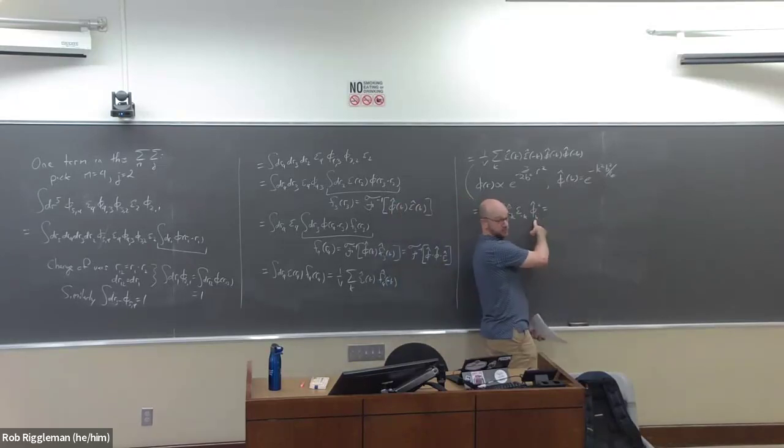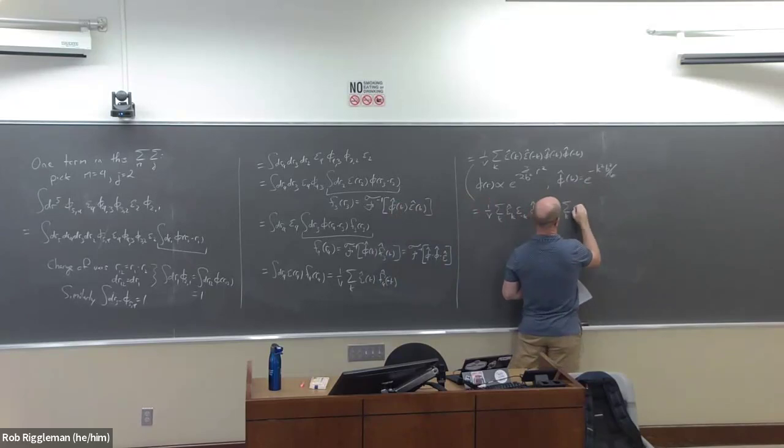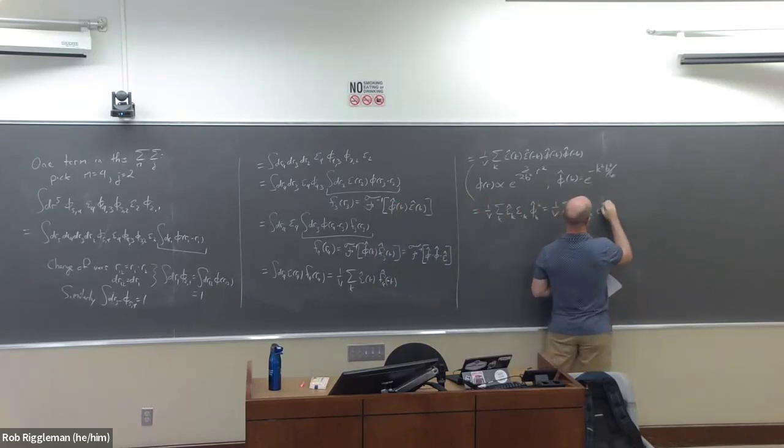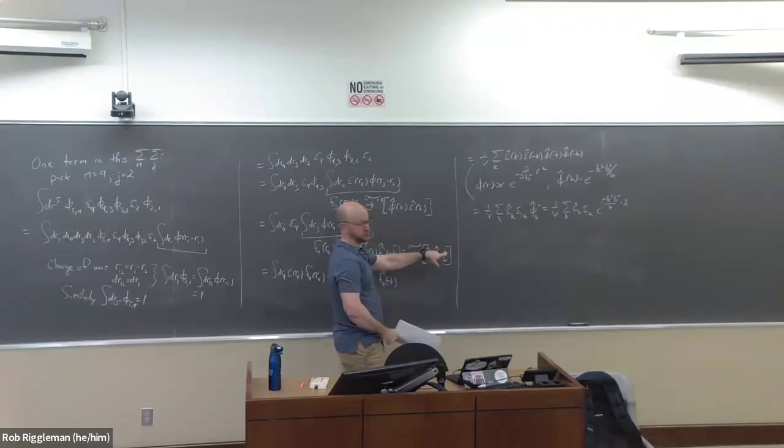And since phi hat is just an exponential, we can write that out. So sum over k, epsilon k, epsilon minus k, e to the minus k squared b squared over 6, times 2. And I'm not canceling out the 2 intentionally.